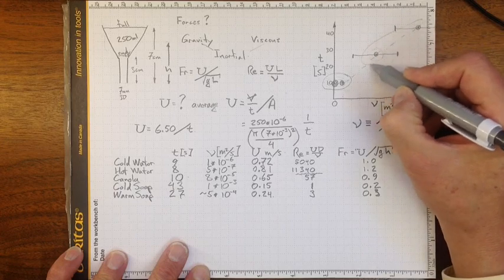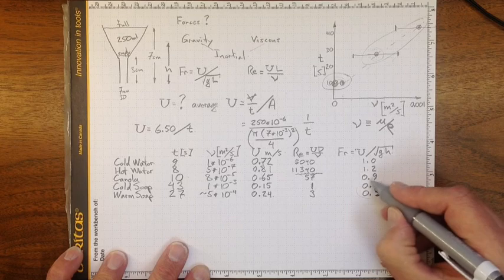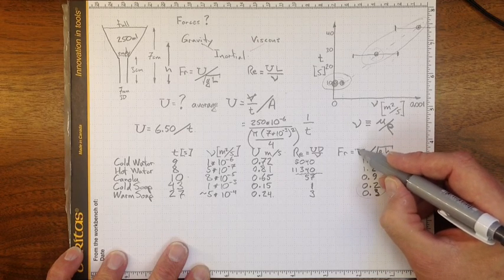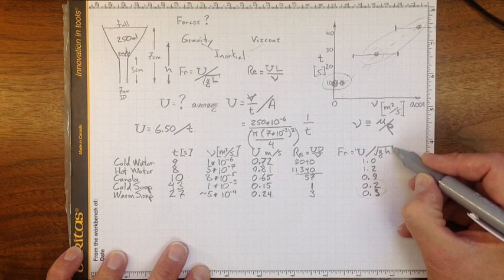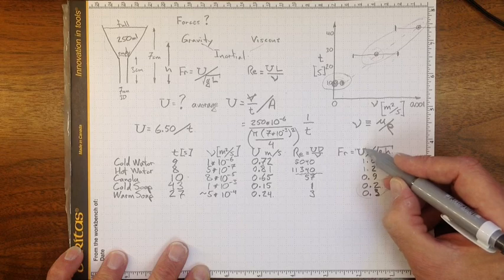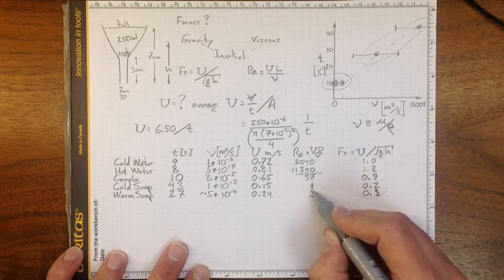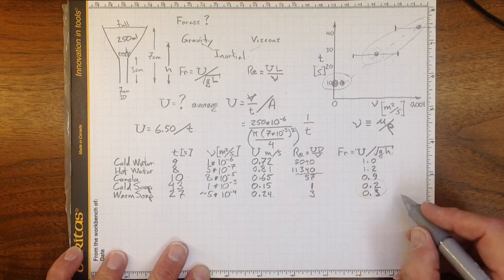Up here, the viscous effects are dominating. I can see that the Froude number is low, meaning that we've got a low amount of inertial force compared to the gravitational force. So that gravitational force must be opposing something else. It's opposing this much higher level of viscous force as indicated by the Reynolds number.